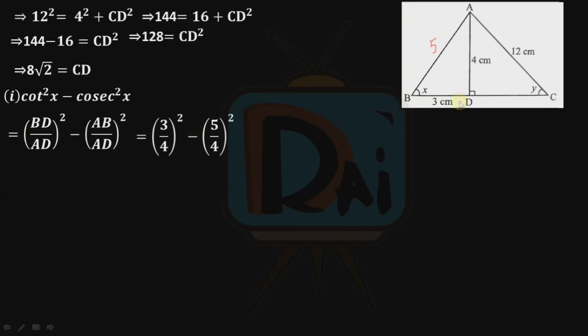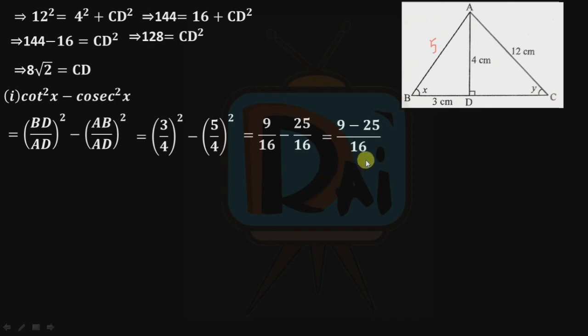Now BD is equal to 3, divided by AD, which is equal to 4, square, minus AB is equal to 5 divided by AD is equal to 4, square. Square of 3 is 9 divided by square of 4 is 16, minus square of 5 is 25 divided by square of 4 is 16.